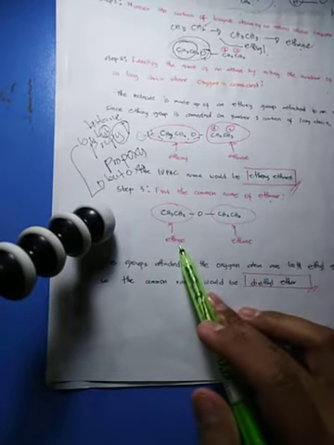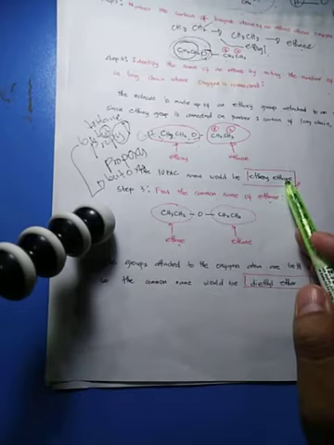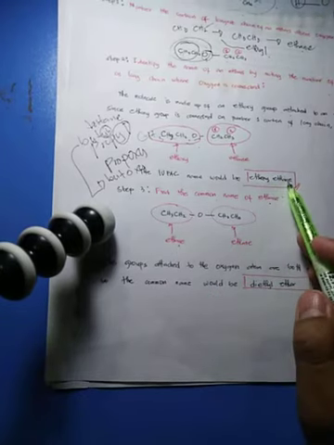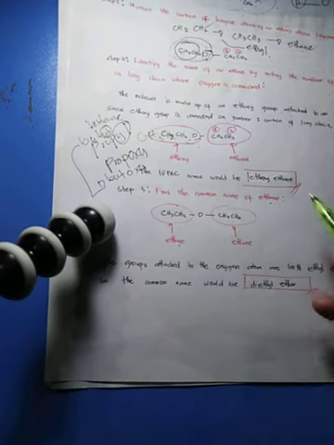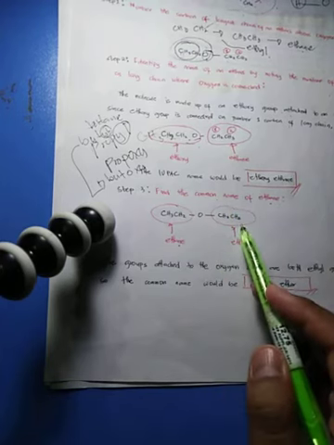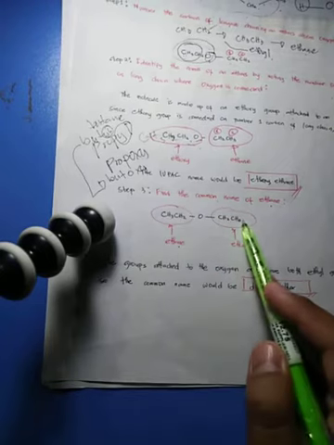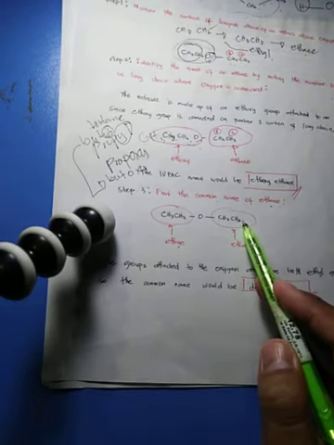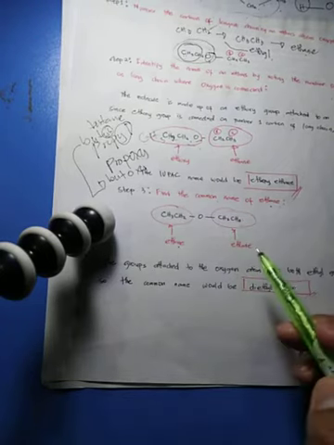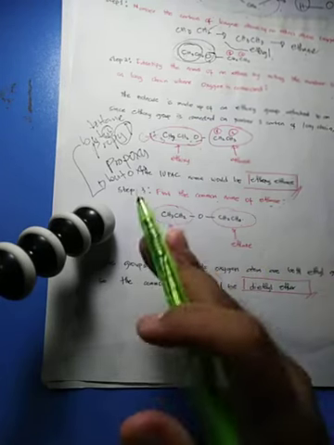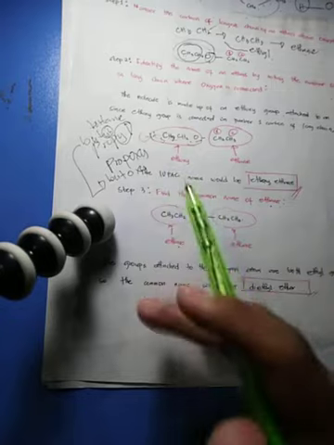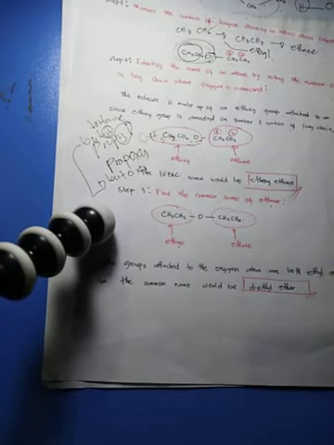So, for step number 3, find the common name of the ether. You have ethoxyethane, this would be the IUPAC name. For the common name, you have CH3CH2 dito, tapos dito siya is CH3CH2. Ibig sabihin, ang gagawin mo lang for common name is to give a name for the right side of the oxygen and the left side of the oxygen, and then just add ether.